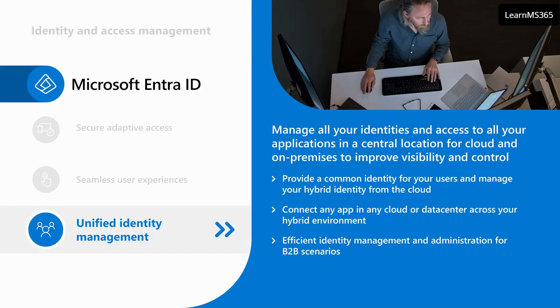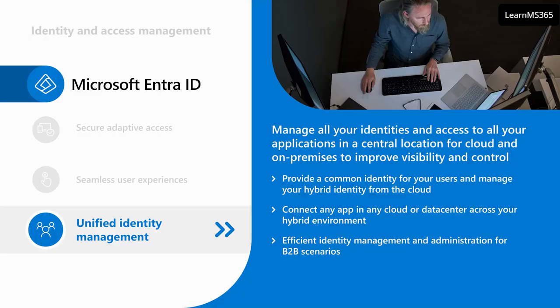The unified identity management pillar is about visibility and control. You can only secure what you can see. Entra ID provides a single identity system for cloud and on-premises applications. Via Entra Connect or Cloud Sync, on-premises identities can be synchronized to the cloud, which gives you one authoritative directory.